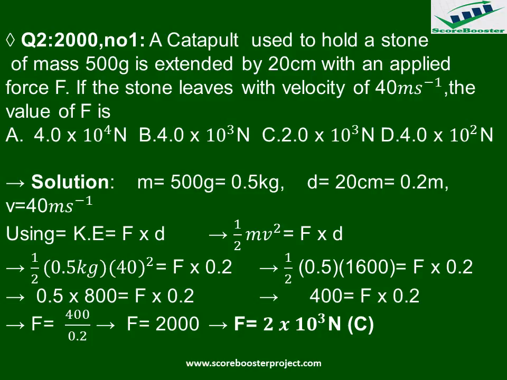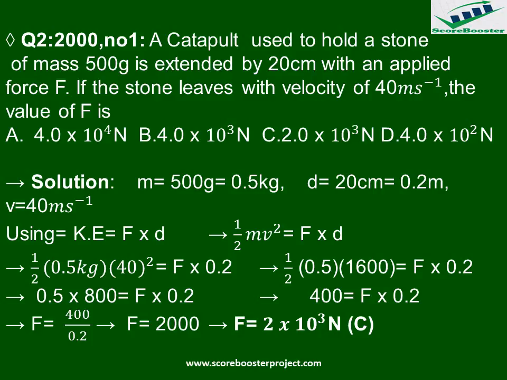And also you are given the distance to be 20 centimeter. So we also need to convert this to meter by dividing it by 100, and that will give us 0.2 meter. Then we are given the velocity to be 40 meter per second.